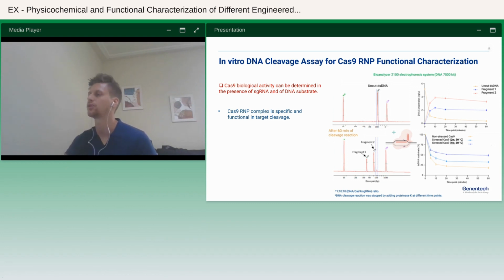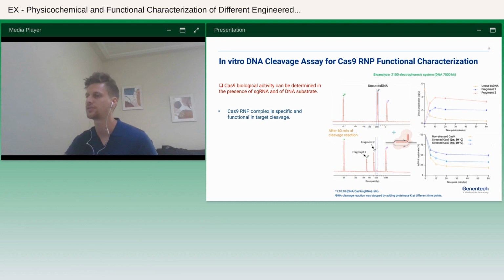And you can see that when we just inject the uncut double-strand DNA, we have only one peak and 2 different markers. So then if we put a specific Cas9 RNP complex, after 60 minutes of cleavage reaction, you can see that the uncut double-strand DNA becomes 2 different fragments, fragment 1 and fragment 2.